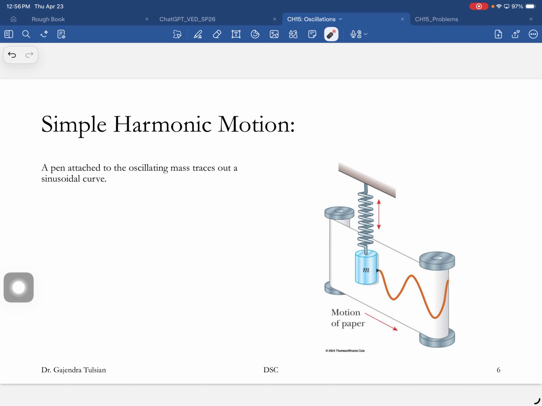Here's how you're going to simulate time: you're going to have this paper move at a constant speed. That's going to simulate time. As this mass moves back and forth, the pen is drawing its location, and you'll get a sine or cosine graph.